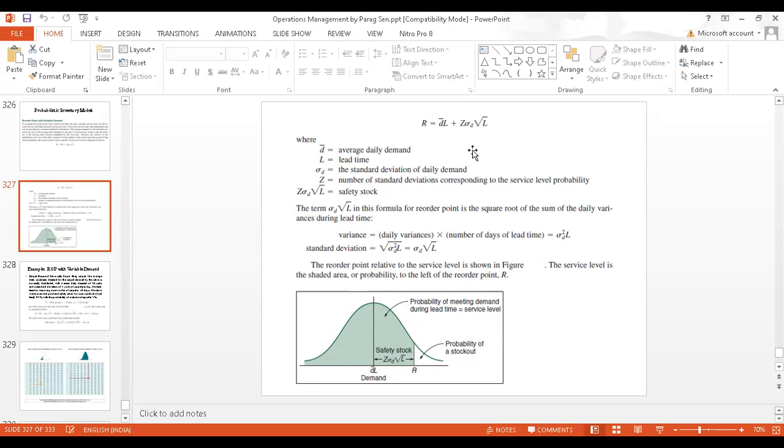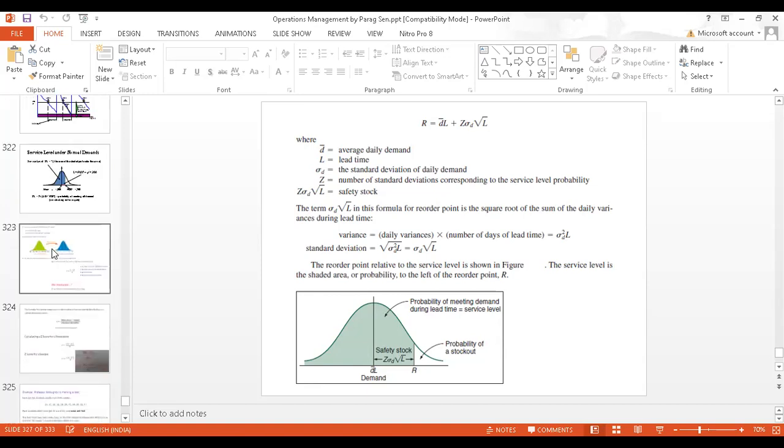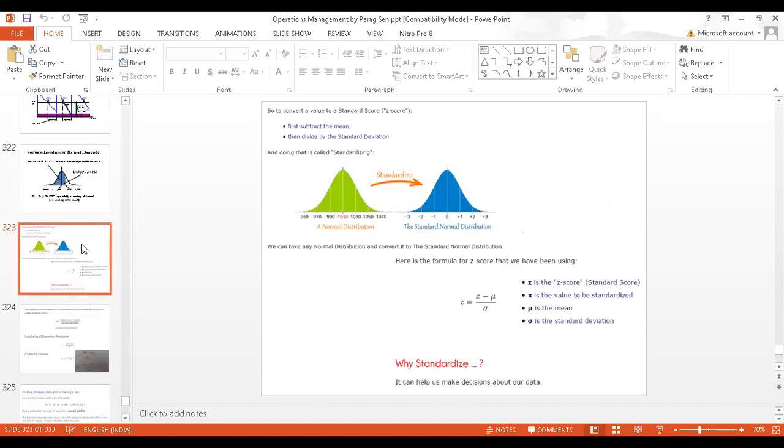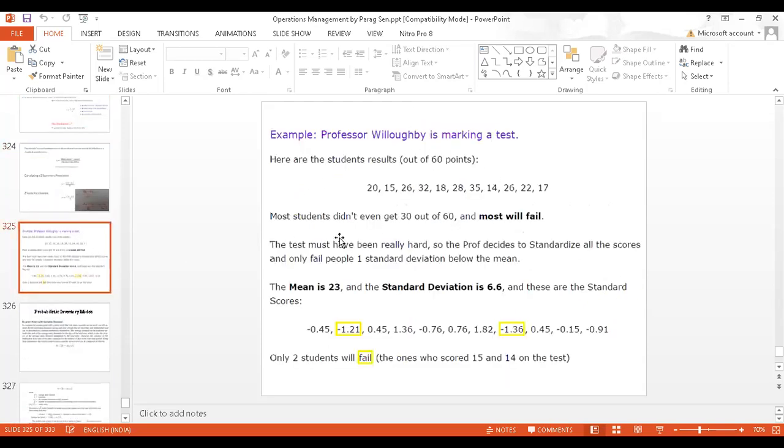Now, why are we doing this? You need to look at this step. Suppose, this is an example that I very often discuss, there is a series of students' results that they have scored. This is the marks out of 60, and these are all the X values given.